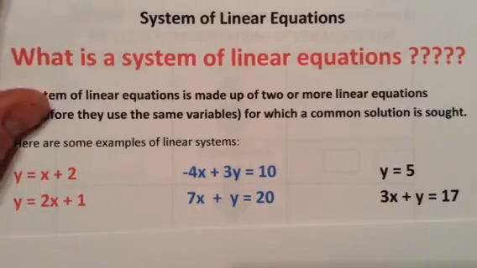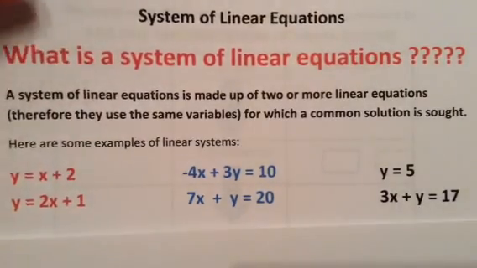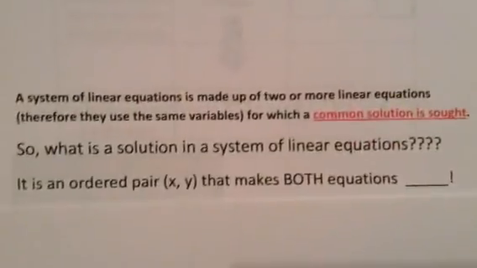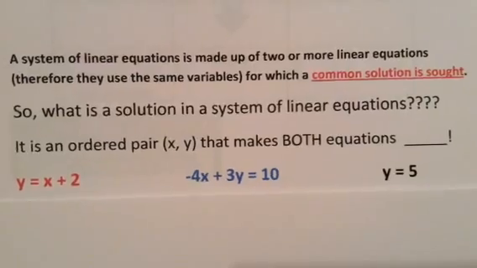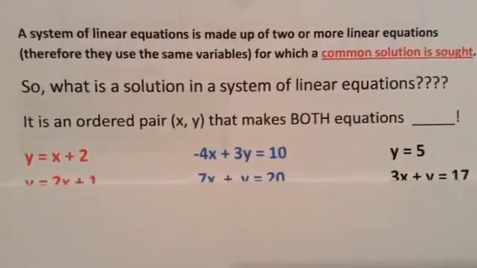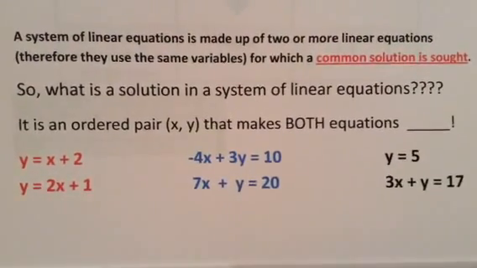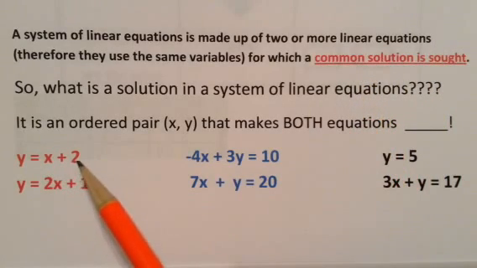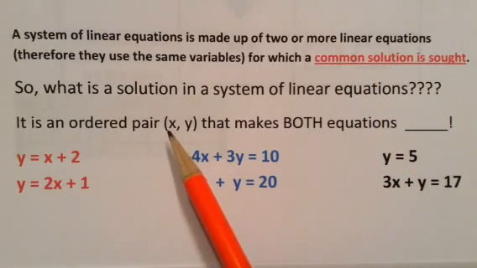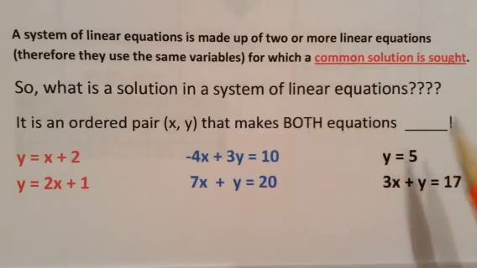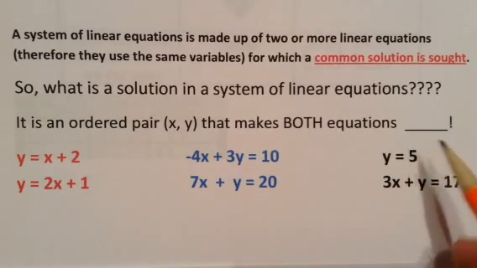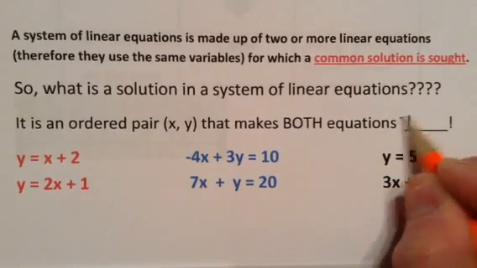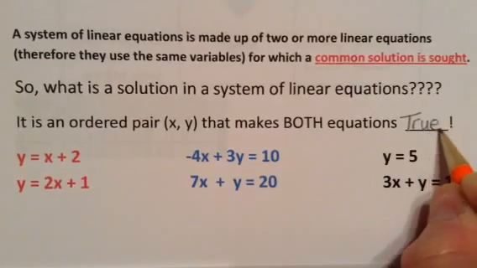So let's look at these guys again in context of the solution. So what is the solution to these guys? Remember, we're seeking a common solution. We want an ordered pair that makes both equations, you know what goes here? I bet you do. It's the word true.